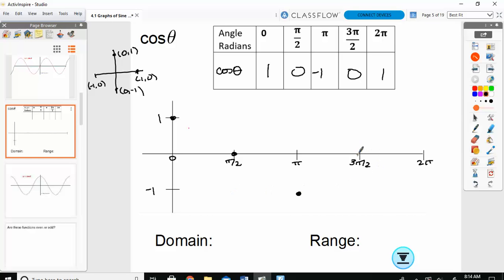Pi we get -1. 3 pi over 2 is 0. And 2 pi is 1. We could put in more points, but all that's really going to show us, just like sine, is that it's a curve, so you're not doing straight lines here.